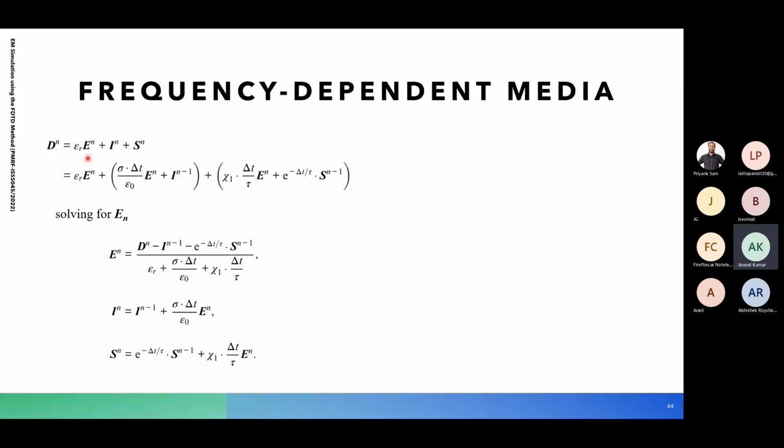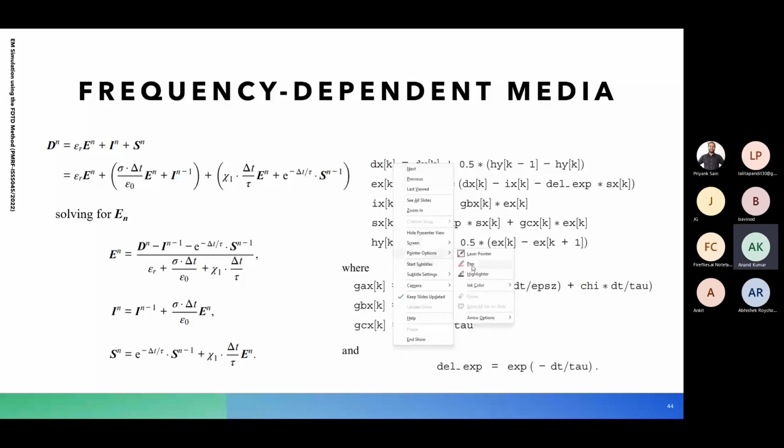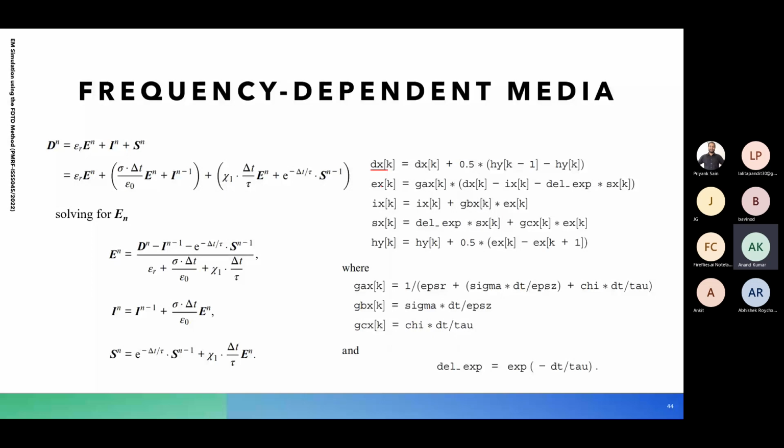So now we have the In and Sn, and from previous, using the Maxwell's equation for D and H. Okay, I'll switch to pen. So this and this is the same as for the Maxwell's equations.